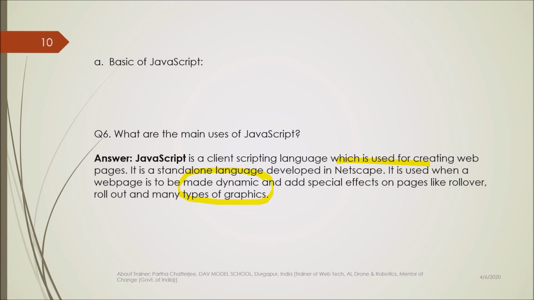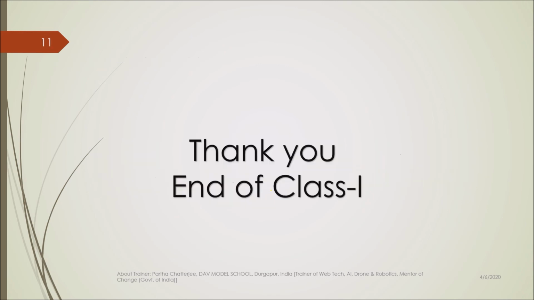For example, you are accessing a website where you get a page to fill up a form, and when you click on the submit button, the data you fed into that form goes to the server side. So this is known as a dynamic website, web page. So in this type of situation we need JavaScript. These are the main uses of JavaScript.